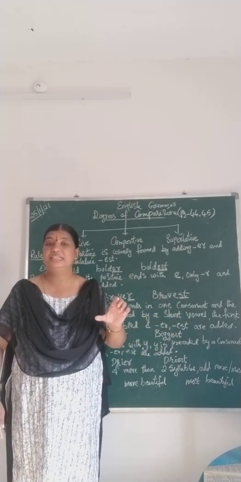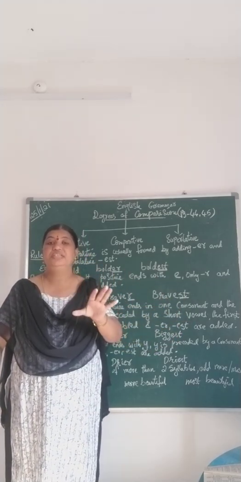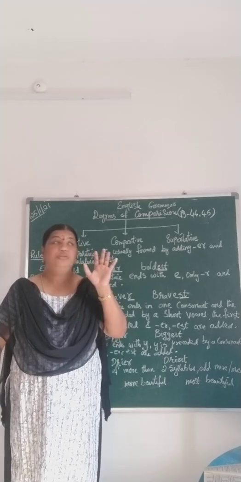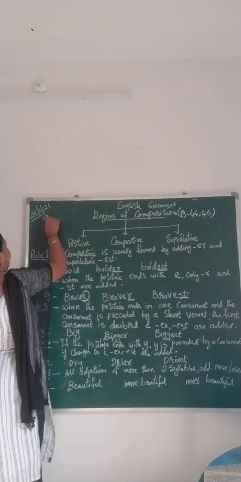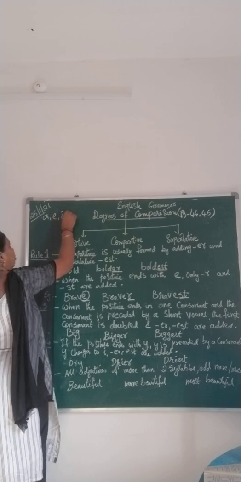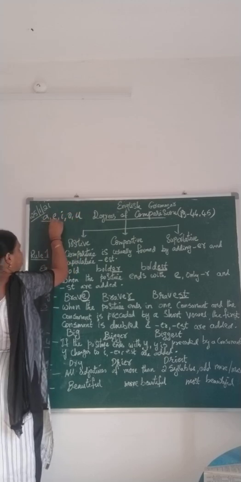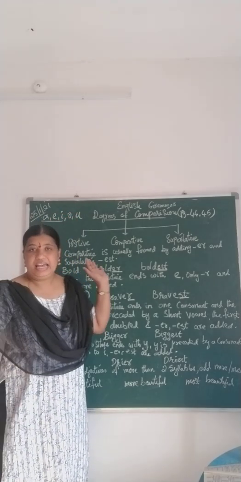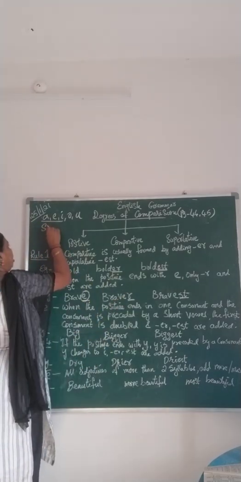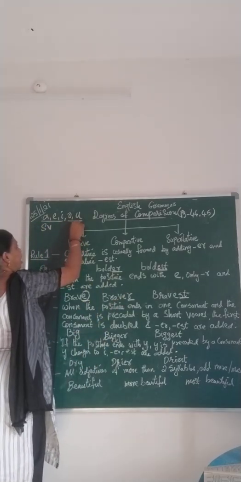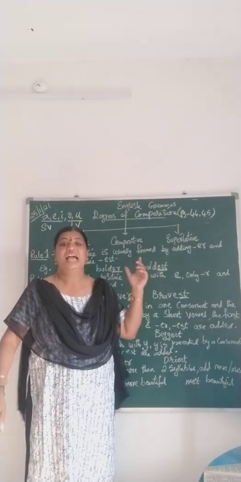Now next is the short vowel. Short vowel means the sound of the vowel is very small. Out of A, E, I, O, U, the A, E, I are the short vowels. O, U are the long vowels.